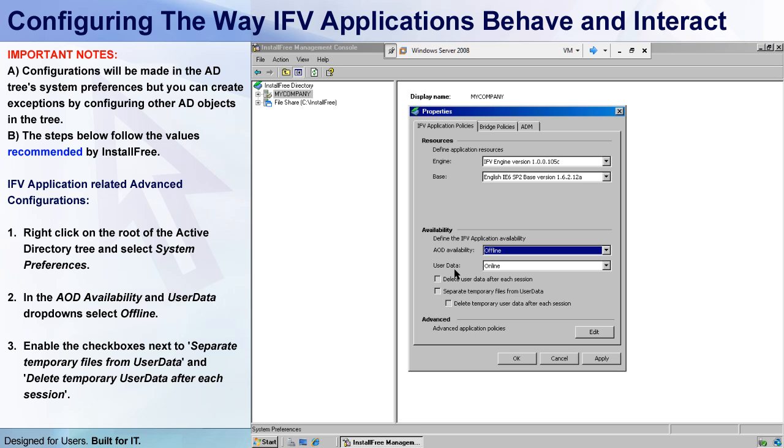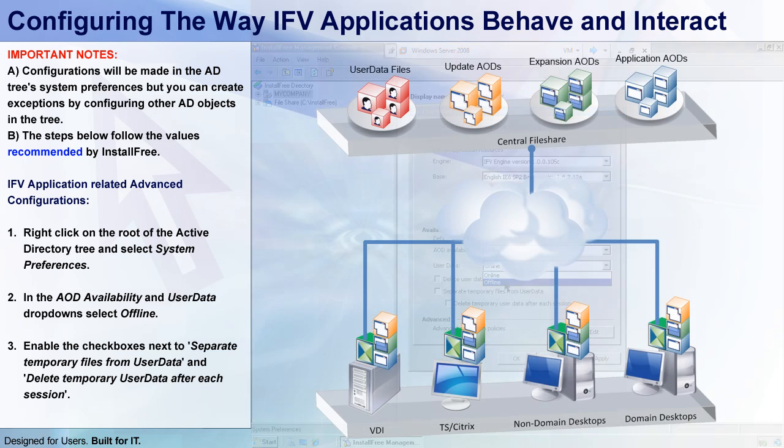And again, the user data enables you to configure the availability, in this case either online or offline. The online user data will keep a single copy of the user data on the InstallFree file share or another location you have set for user data like the user's network drives. This will make sure that when users move between endpoints, they will always get the same consistent customizations they have made.